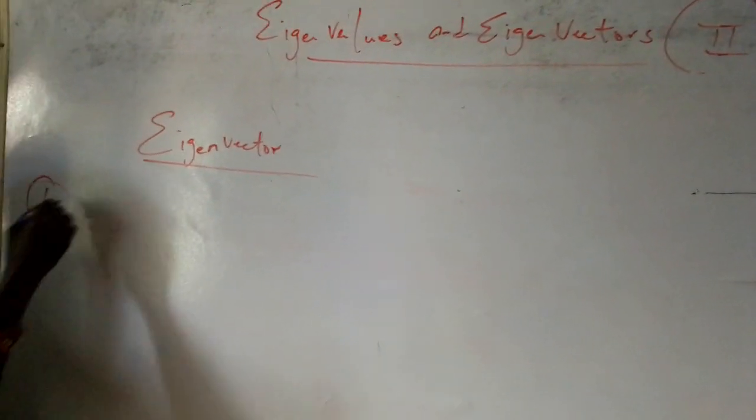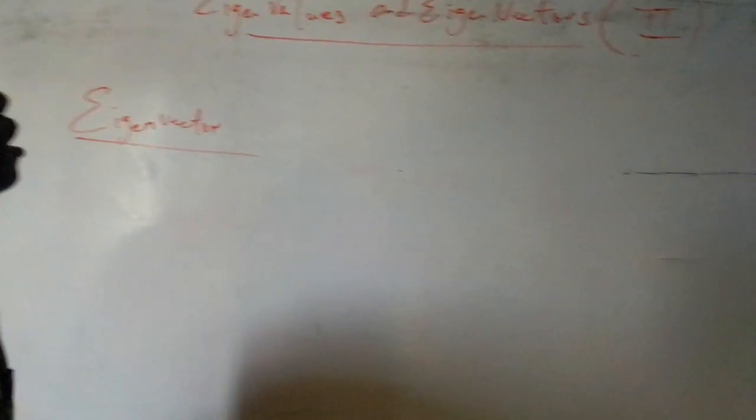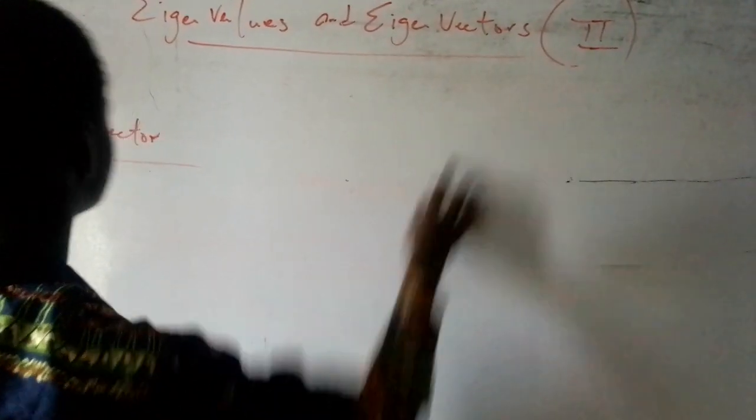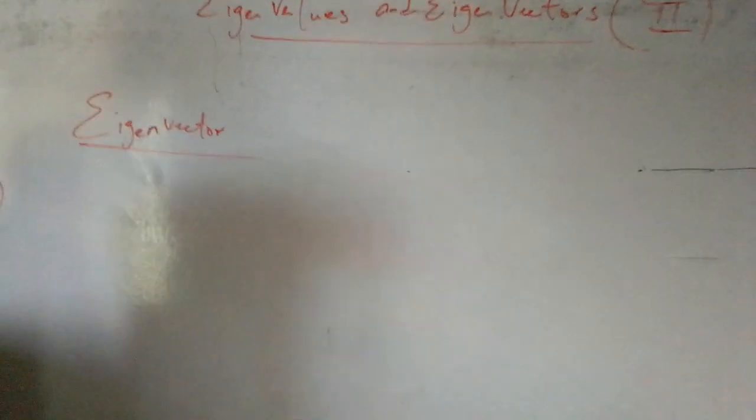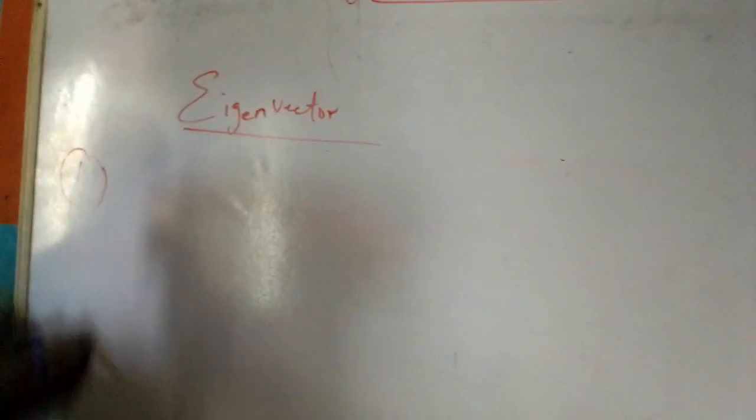Okay, in my previous video we learned how to solve for the eigenvalues and the eigenvectors of a matrix, but I only focused on the eigenvalues. Today we are going to be looking at the eigenvectors of a matrix.